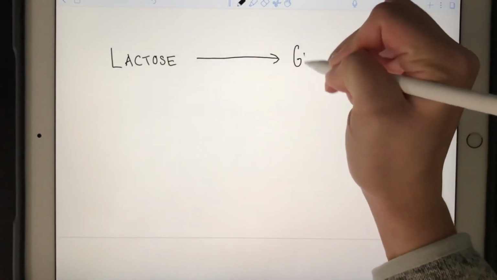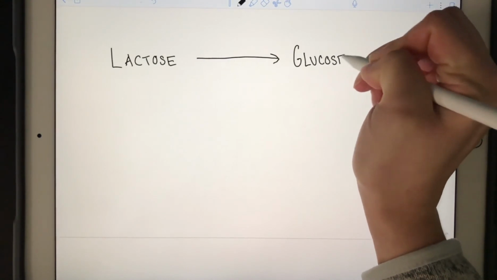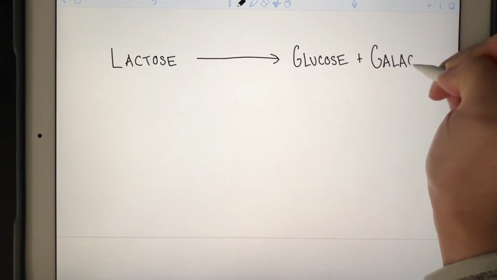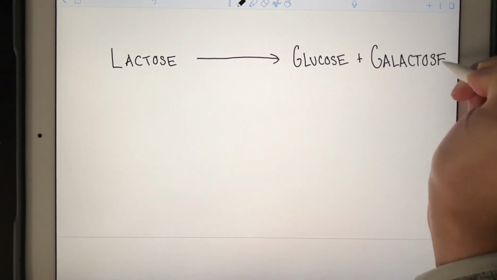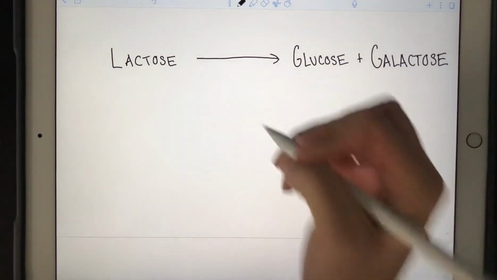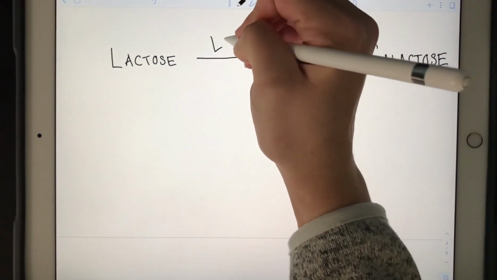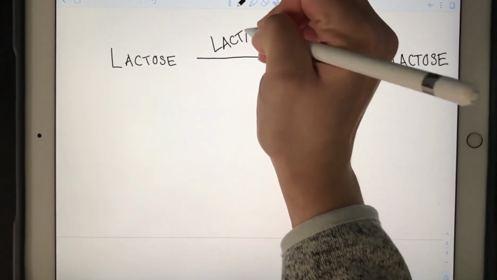So if we're going to simplify this further, we can say lactose is broken down into glucose and galactose. And it does this by using the enzyme lactase.